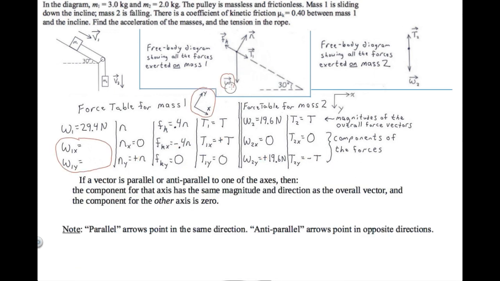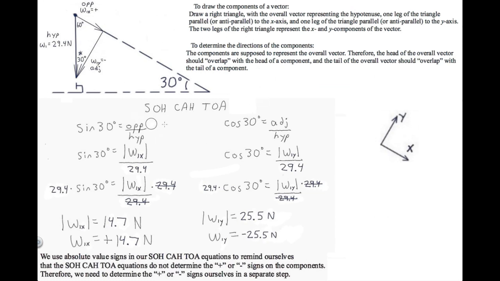The weight force exerted on mass 1 is neither parallel nor anti-parallel to either axis for mass 1, so this rule doesn't apply for w sub 1. Instead, to break w sub 1 into components, we will have to draw a right triangle and use the SOHCAHTOA equations. Here's a summary of the process for breaking w sub 1 into components.